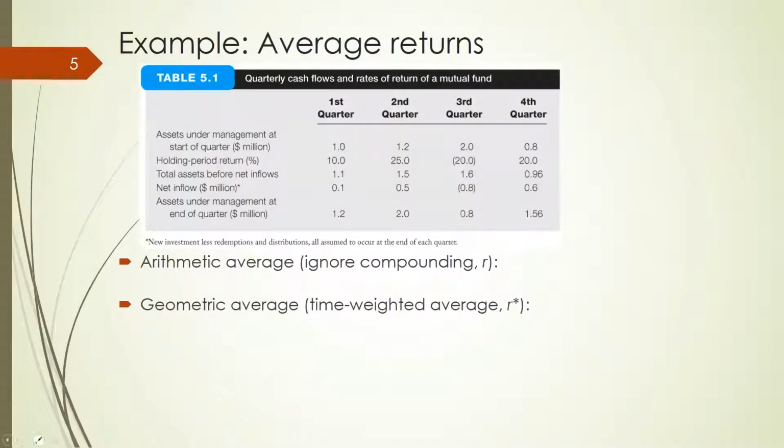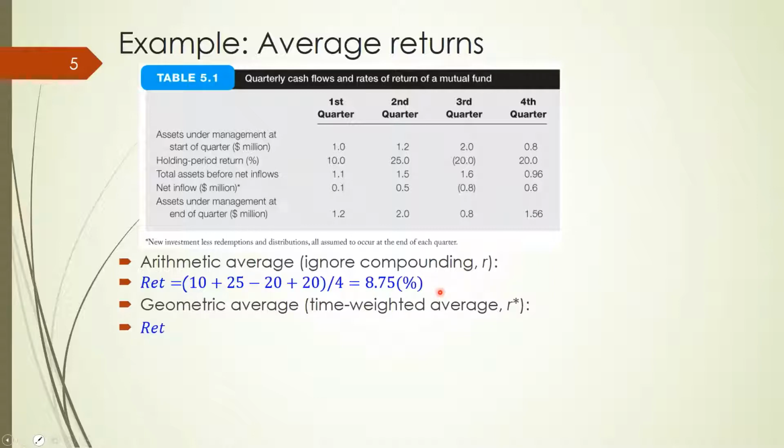For instance, in this example, which we covered before, we have holding period returns of 10%, 25%, negative 20%, and plus 20%. The arithmetic average will be a simple arithmetic mean of the four returns, which is 8.75%.